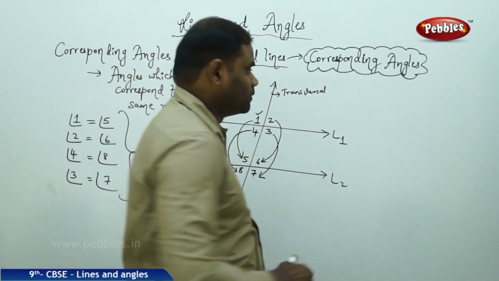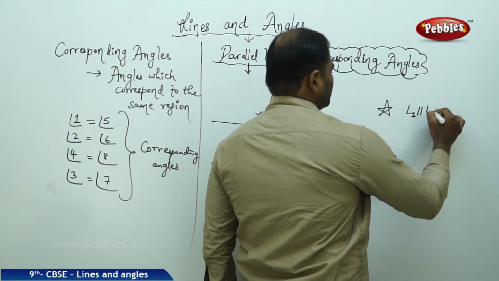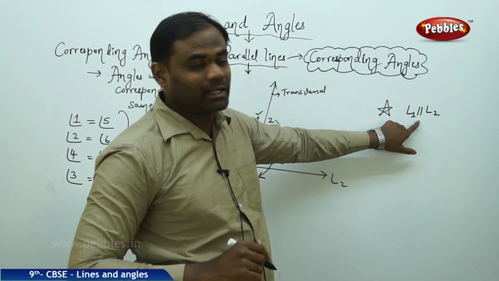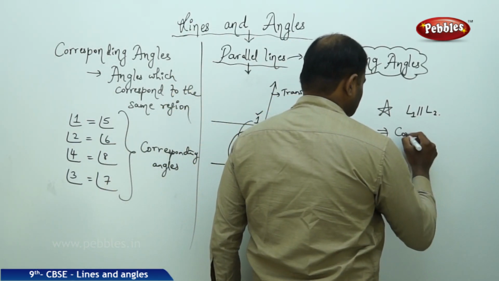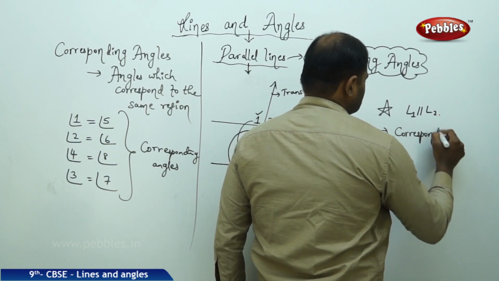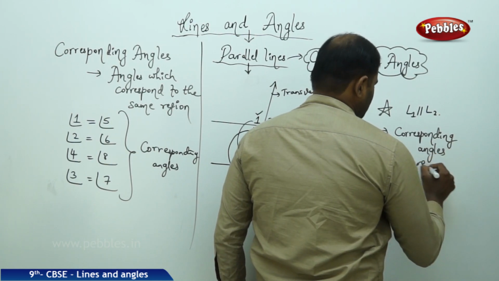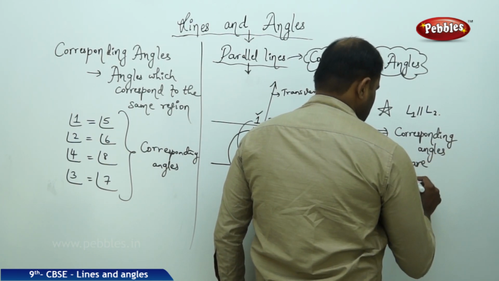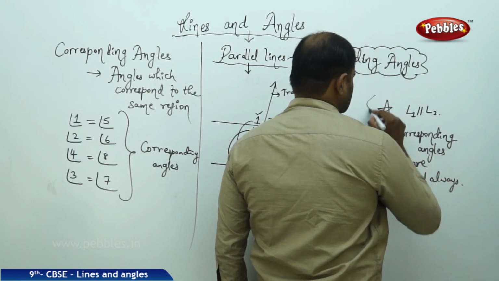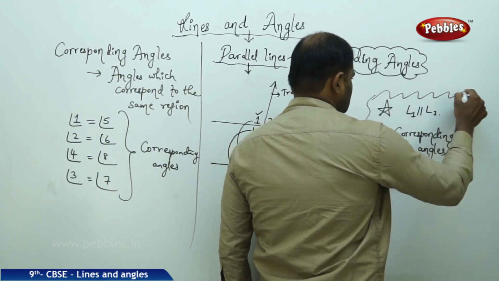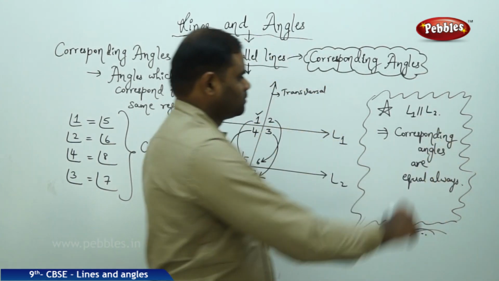Therefore, I have a property which says L1 parallel to L2, where the symbol stands for parallelity. So when line L1 is parallel to L2, it implies corresponding angles are always equal.